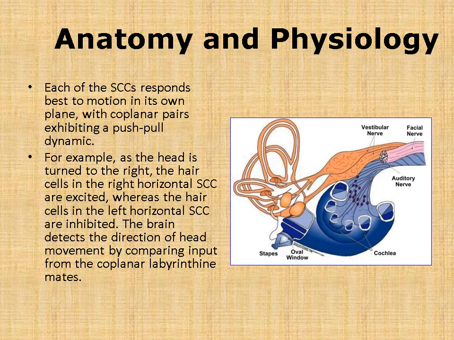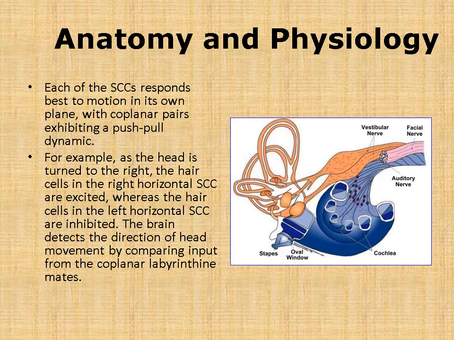But in addition to this, there is on the other side a coplanar pair. There is pairing of the canals, on the right side and on the left side. As an example, if I turn my head to the right side, there will be excitation of the right lateral semicircular canal, and at the same time inhibition of the left lateral semicircular canal.